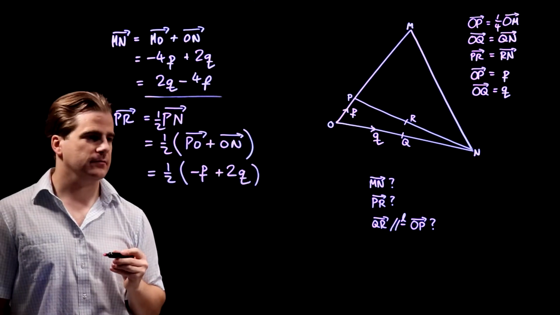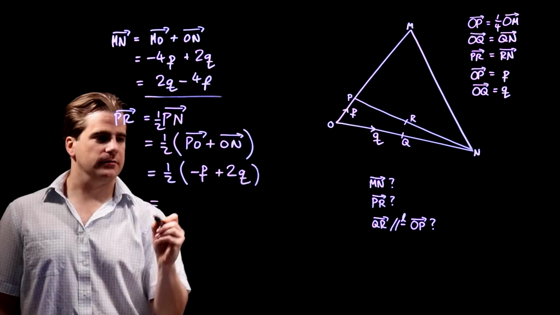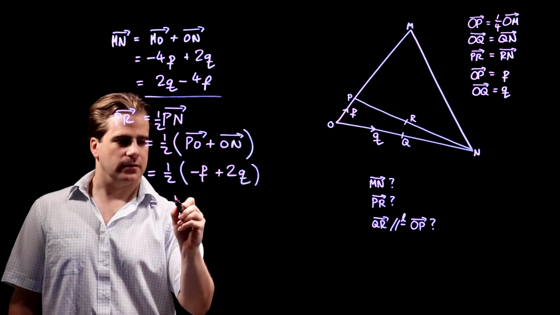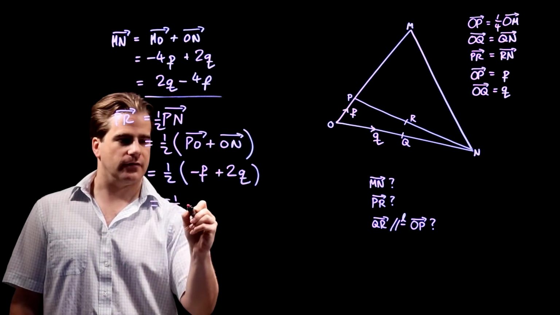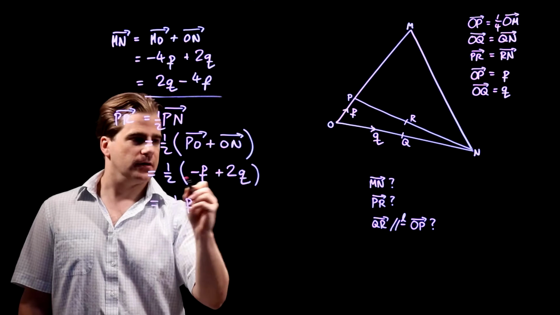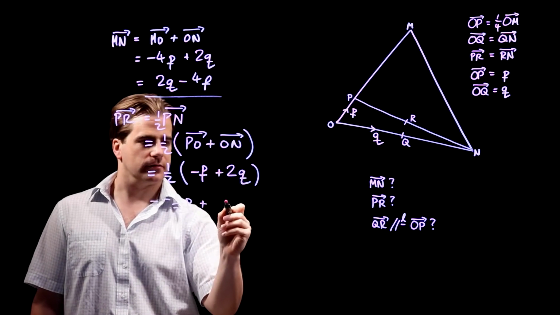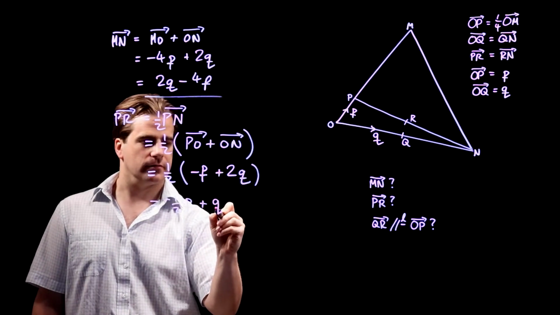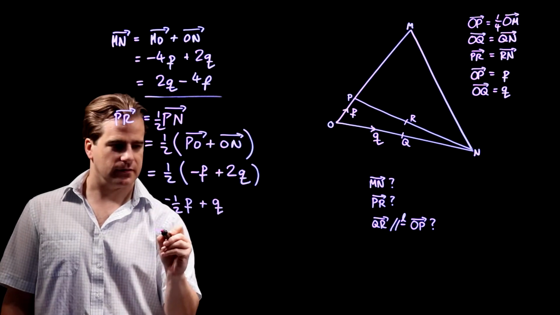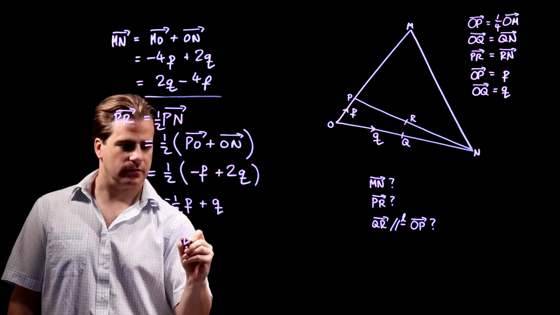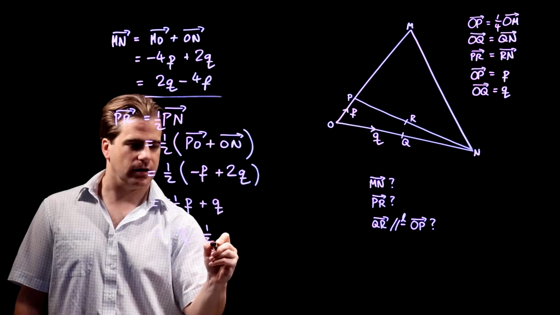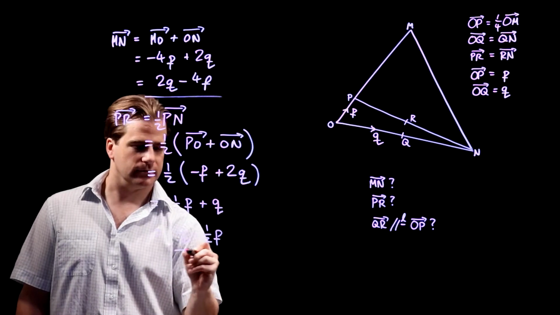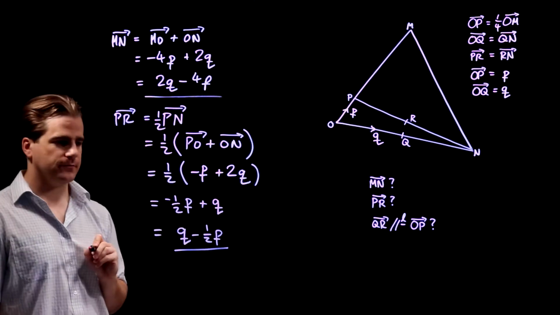Okay, so that becomes minus a half P plus Q. Or even better, Q minus a half P. There we go.